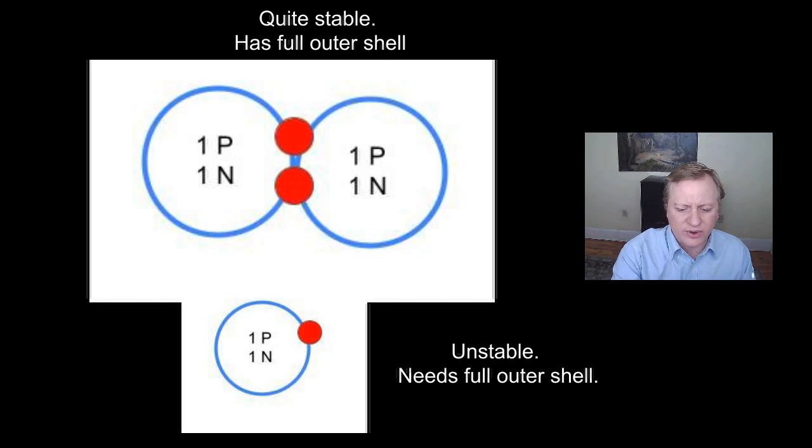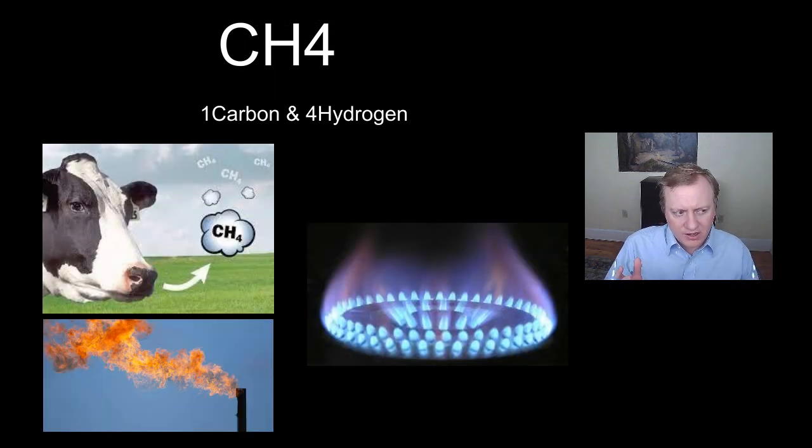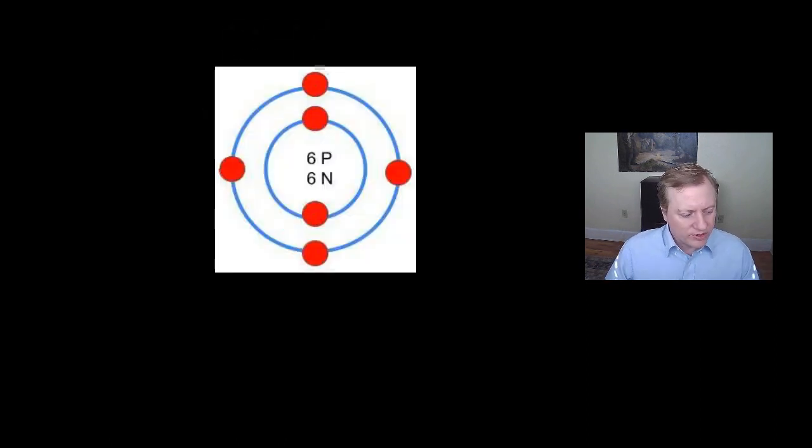Let's look at another incredibly common compound or molecule. Let's look at CH4. CH4 is methane gas. It's important for fuel. If you are using natural gas, you're probably using CH4 or a CH4 derivative. It's an incredibly important molecule when it comes to climate change. And so let's look at the orbital configuration of carbon.